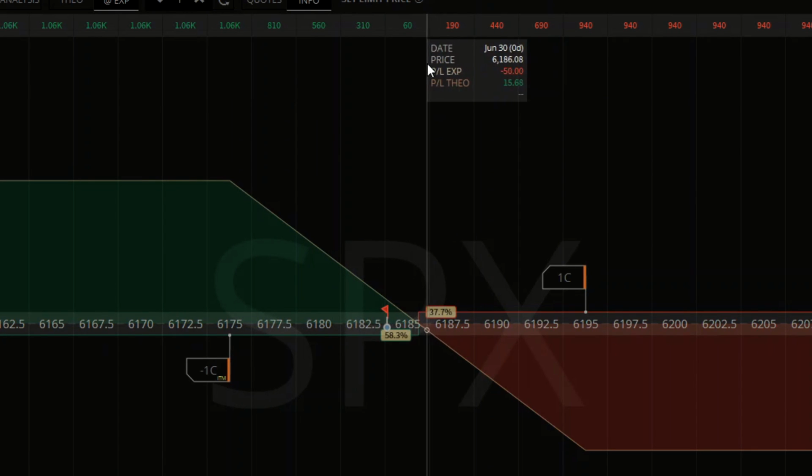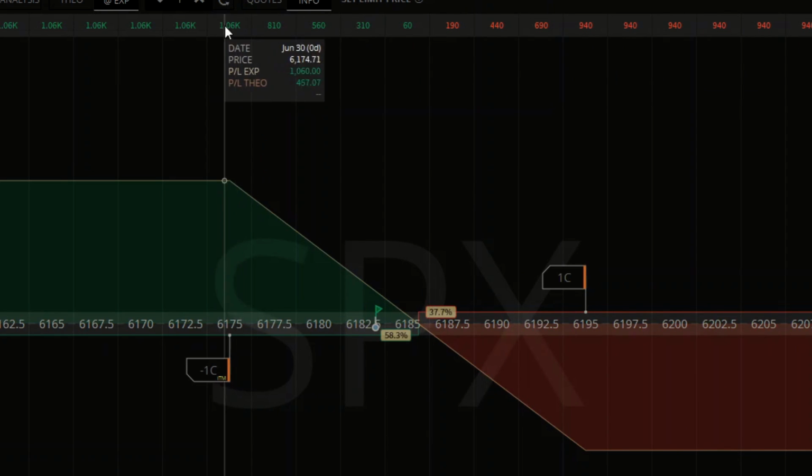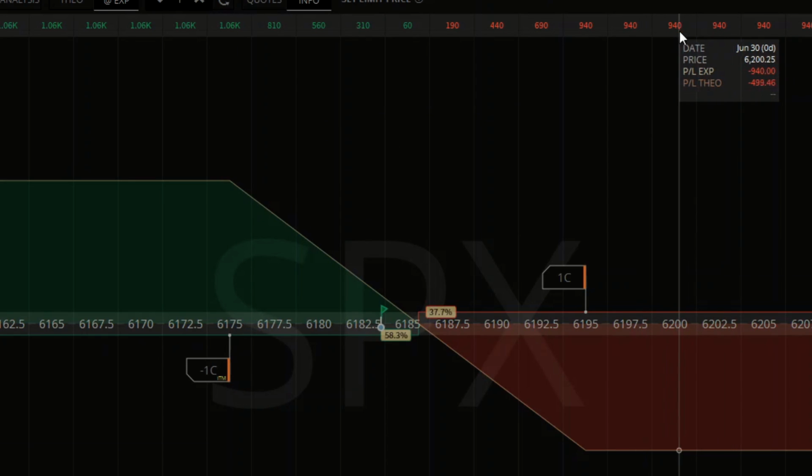You'll notice when I originally took this spread, my max loss is 940 and my max gain is 106. So technically I'm risking $940, and I need that in margin to even take this trade. So it's not no risk upon entry. It's really getting risk free for later in the day.